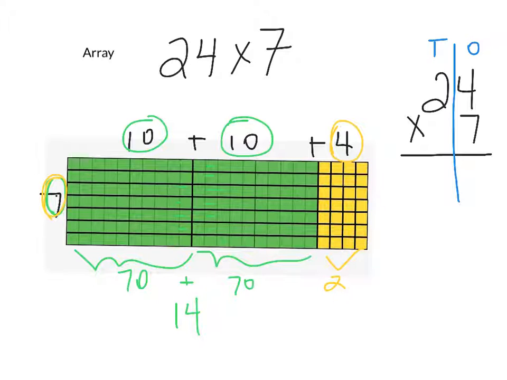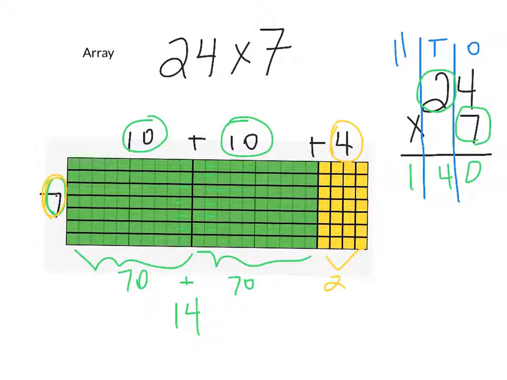And I only have a tens and a ones column, so I'm going to go ahead and put a hundreds column, because we do have over 10 tens. In this case, we have 14 tens, or 140.